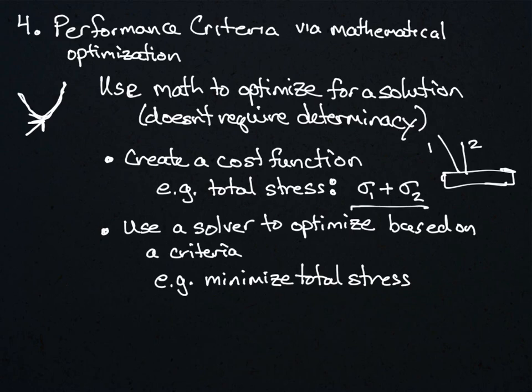There are a lot of other really cool optimization ideas out there, but this is a simple one that is pretty easy to implement. And then finally, you go ahead and solve using some sort of solver, MATLAB, MathCAD, something like that, where you're minimizing your cost function. So this is in addition to your static equilibrium equation.